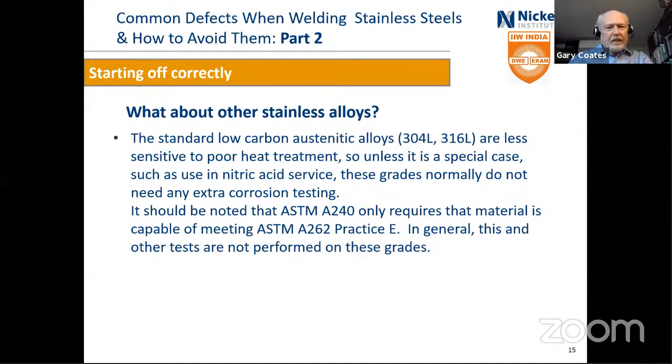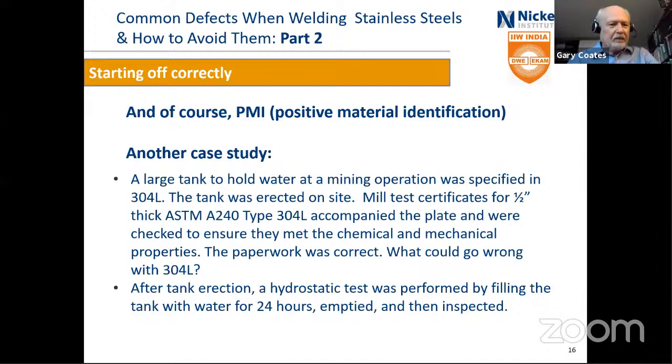And finally, starting off correctly, when you get a material in, and it is any kind of critical service, whether it's chemical, petrochemical, pharmaceutical industry, it is important to do a positive material identification on the material.